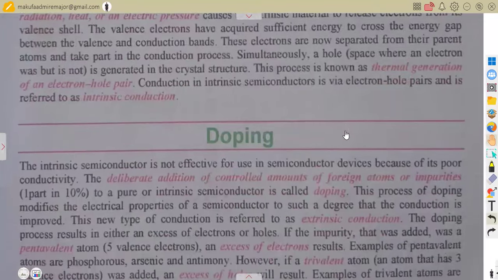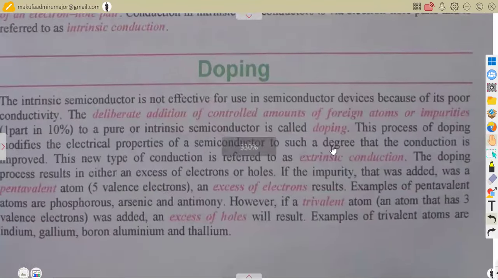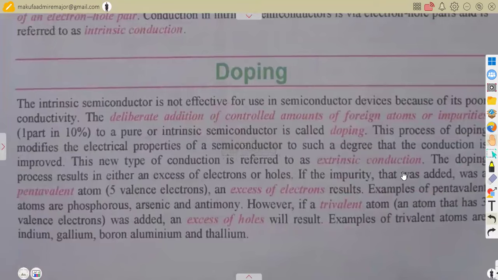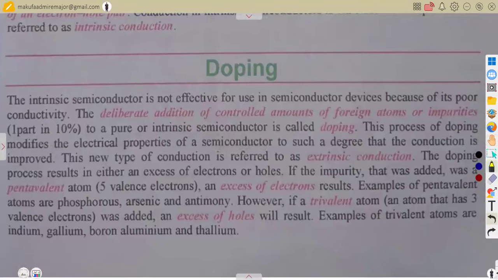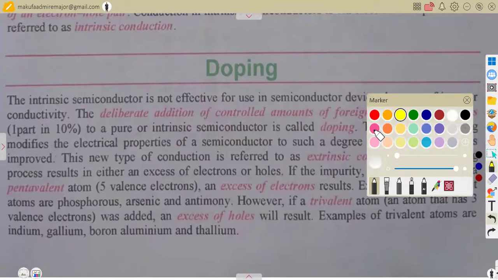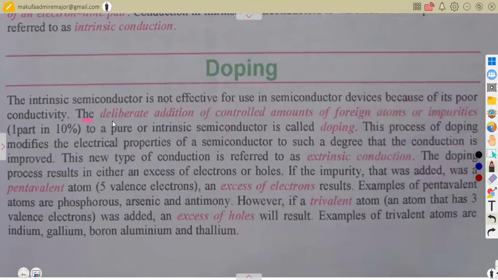We are also going to talk about doping, which is one of the most important things for us to understand. It is the deliberate addition of controlled amounts of foreign atoms or impurities, approximately 1 part in 10 to the power of some number, to a pure or intrinsic semiconductor. That addition is what we call doping.